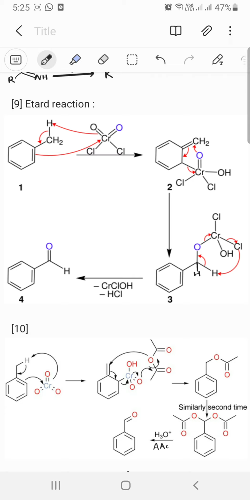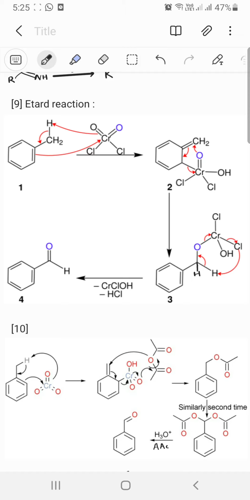So first of all, it attaches itself on the aromatic system. Okay, doing this thing. There's also some kind of proton transfer. Yes, looks like that. Okay, cool.